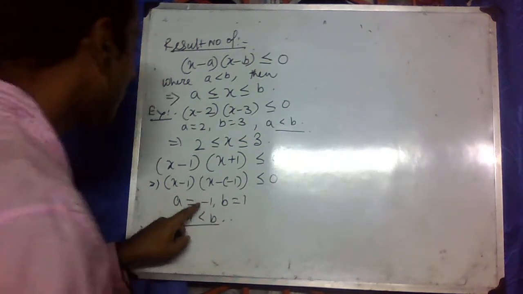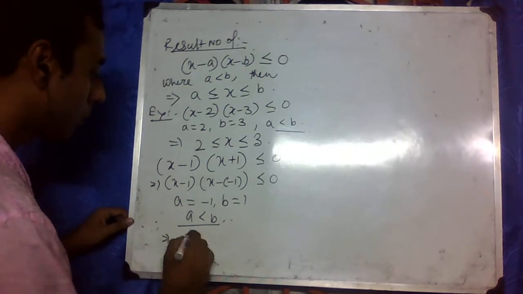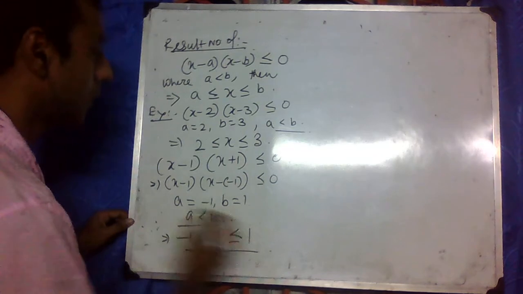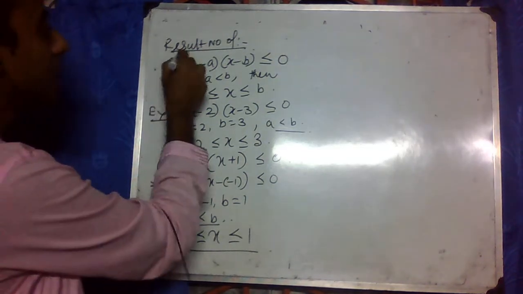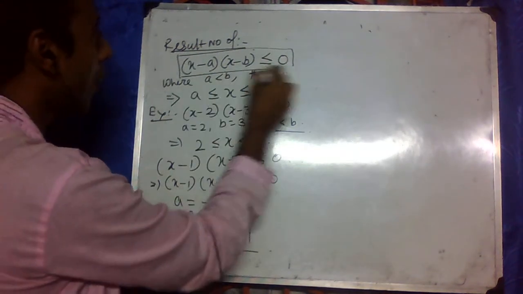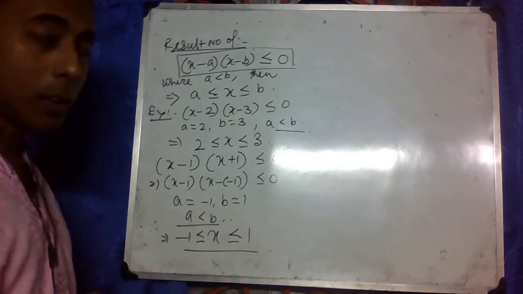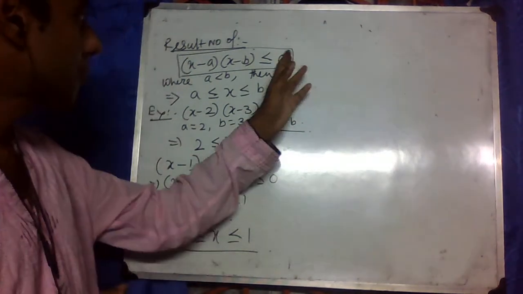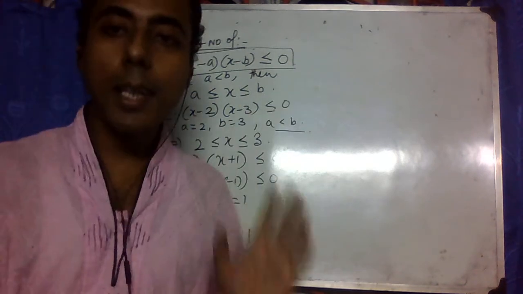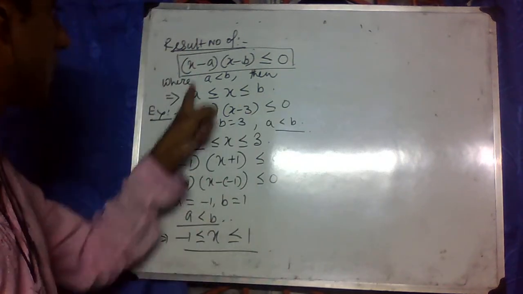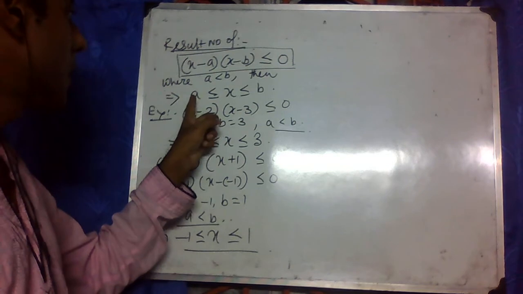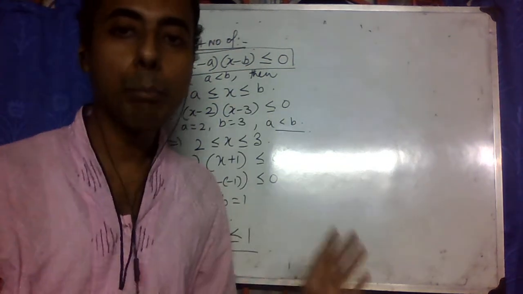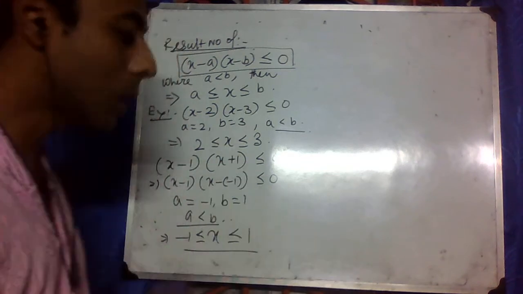So then this is minus 1 less than or equal to x less than or equal to 1. If the inequality is of this form, then it can be written a less than or equal to x less than or equal to b, where a must be less than b. This is result number 1.